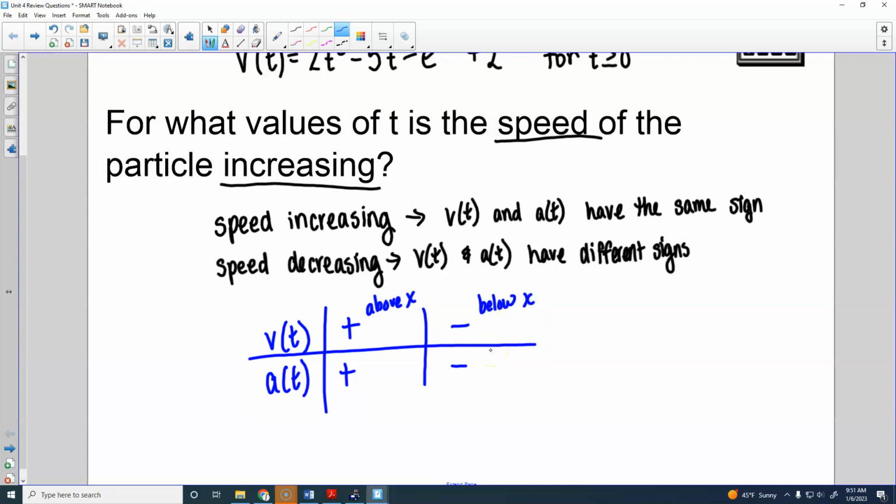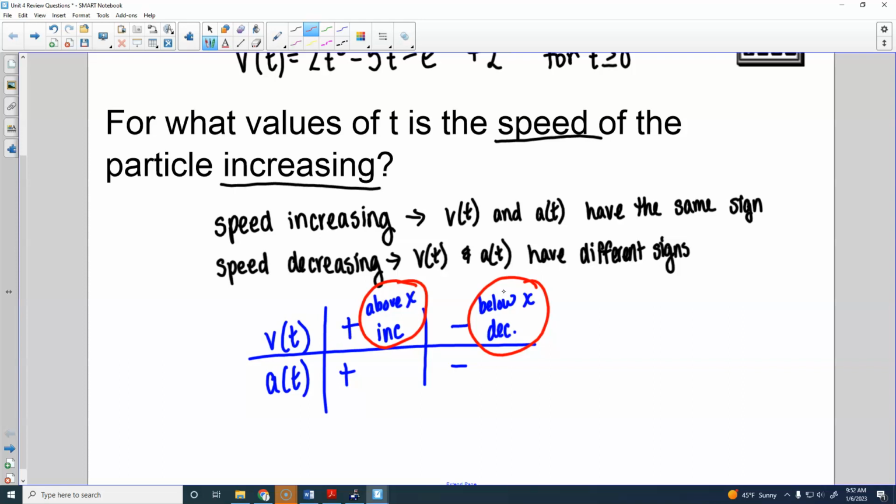x-axis. To avoid having to look at the second derivative, if my acceleration is positive, what does it tell me about velocity? Increasing. And if my acceleration is negative, I would be decreasing. So you're looking for the parts on your graph where velocity is above the x-axis and increasing, or where it's below the x-axis and decreasing.